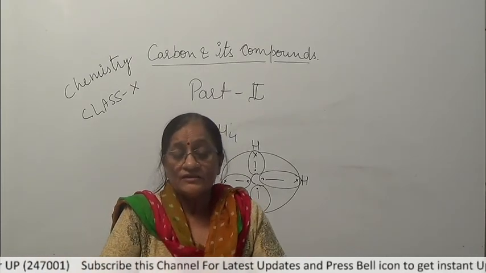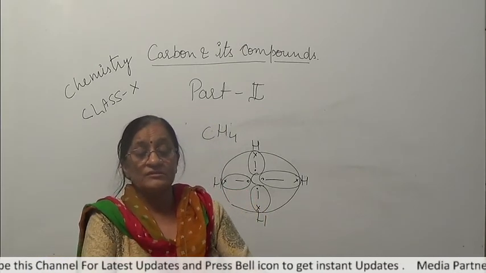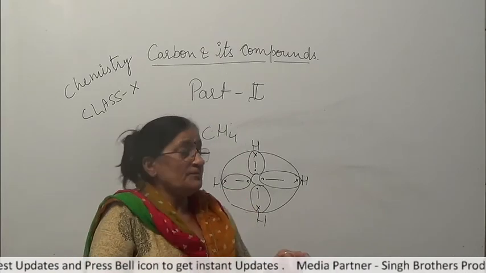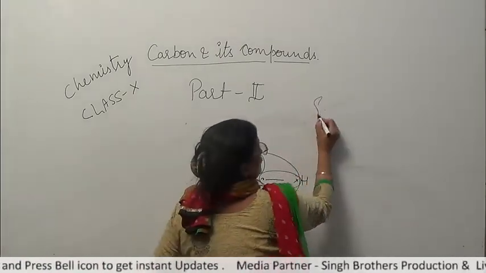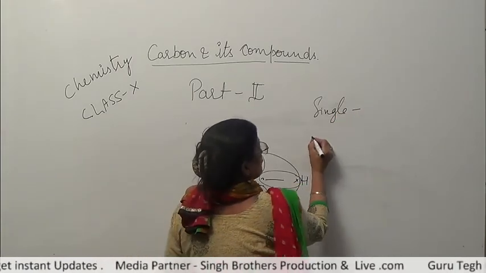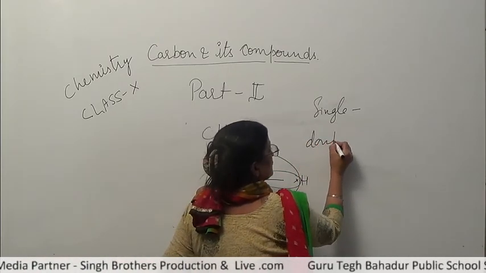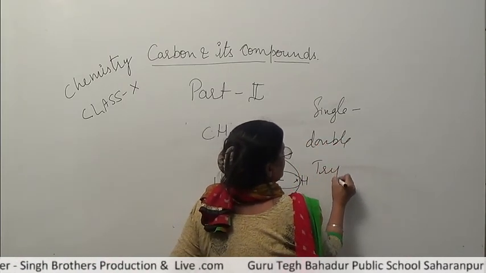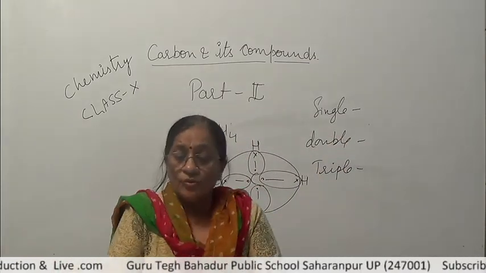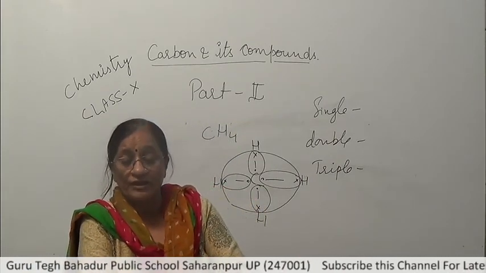Now, as we have seen, depending on the number of pairs of electrons shared, the covalent bond formed may be of 3 types: single, double and triple. A single bond is the covalent bond formed due to sharing of 1 pair of electrons.